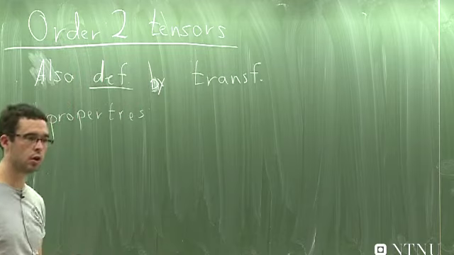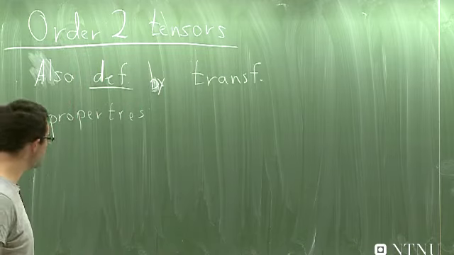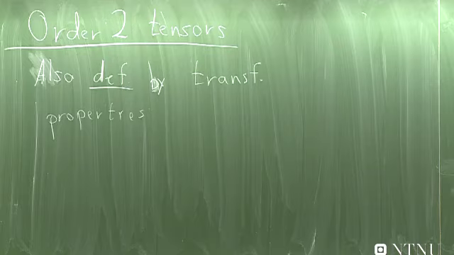The rank 2 tensor transforms in the following fashion, which is completely analogous to the vector case.